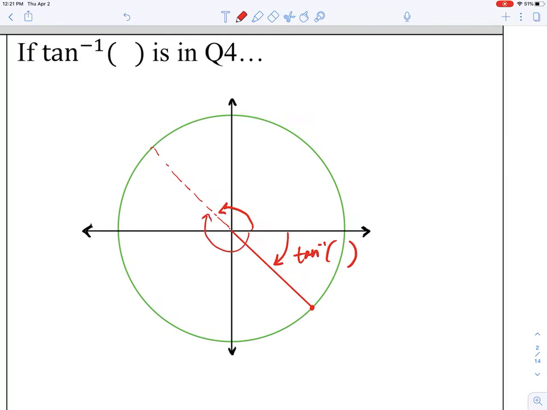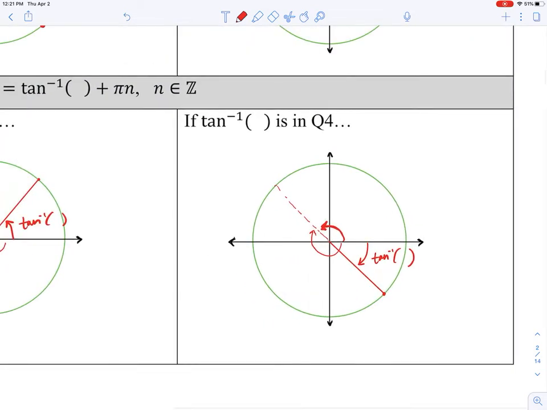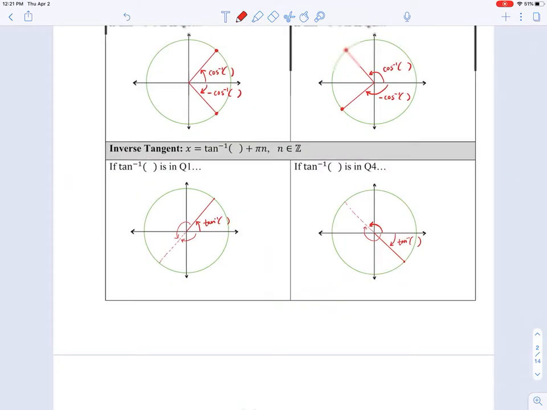And then the negative angle plus pi would be this angle. Sorry, that took me a second to think about. So if you're taking the inverse tan of a negative ratio, the plus pi n would include all of the solutions from quadrant 4 as well as quadrant 2.